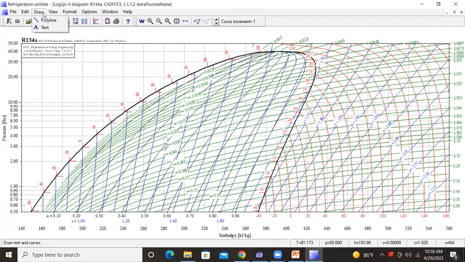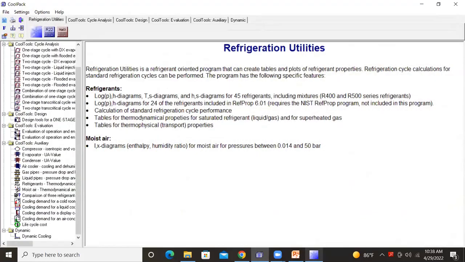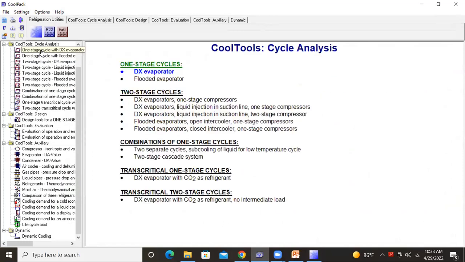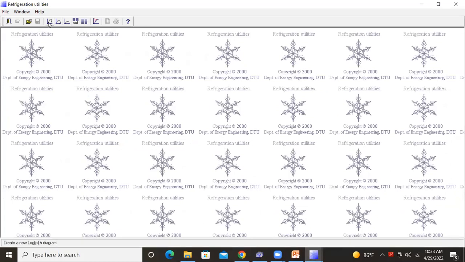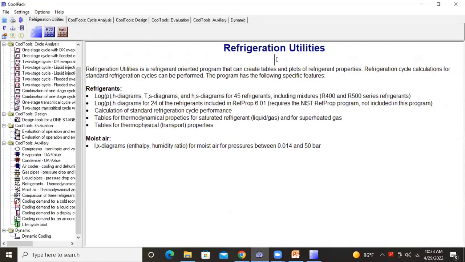If you look into that again, you need to draw graphs. Still you can try maybe. You can try drawing graphs as well. So that's about CoolPack.